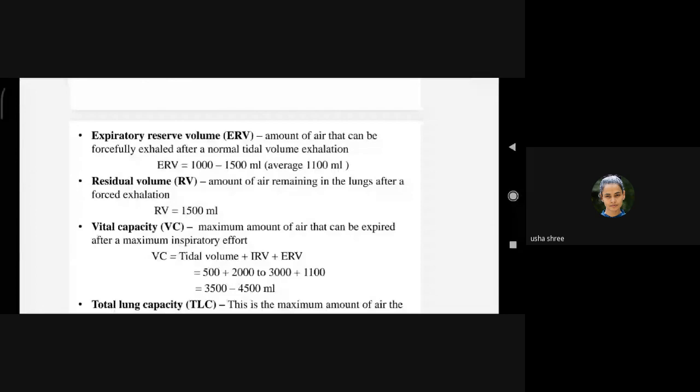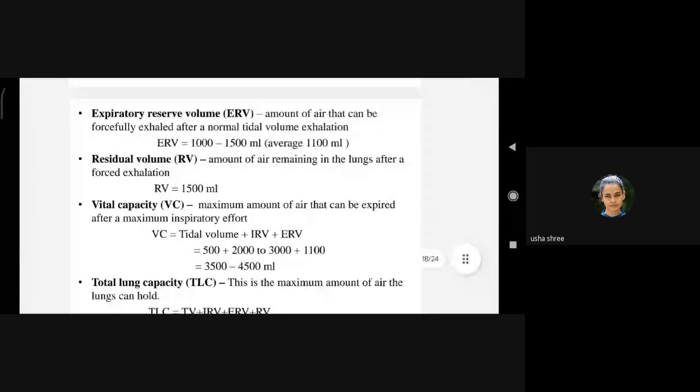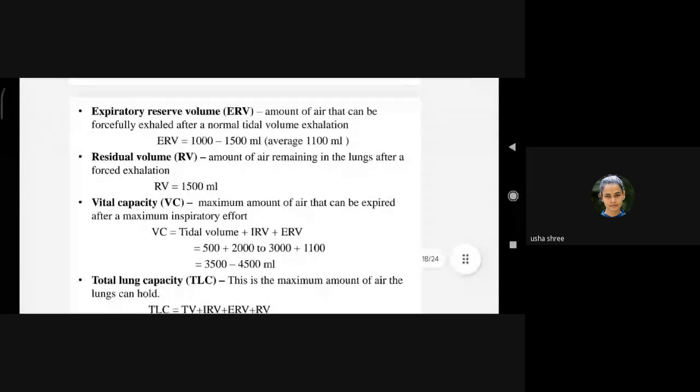Now, vital capacity. Vital capacity is the maximum amount of air that can be expired after a minimum inspiratory effort. Minimum inspiration, that we are already doing normally, that is tidal volume, and tidal volume plus IRV, inspiratory reserve volume, plus ERV, expiratory reserve volume.